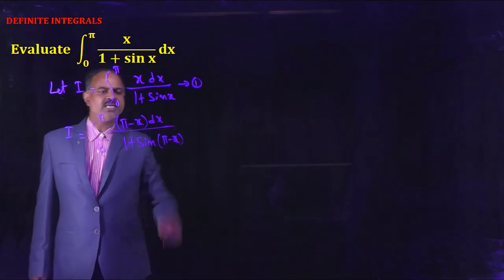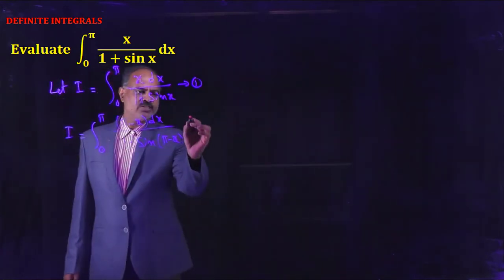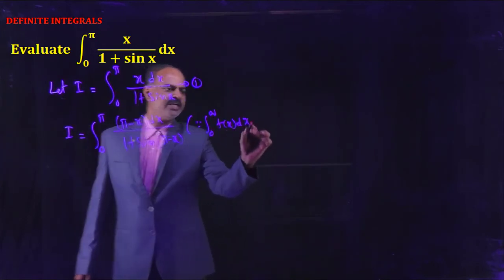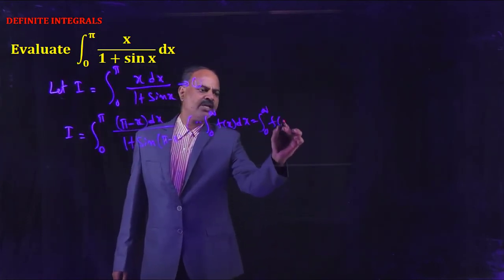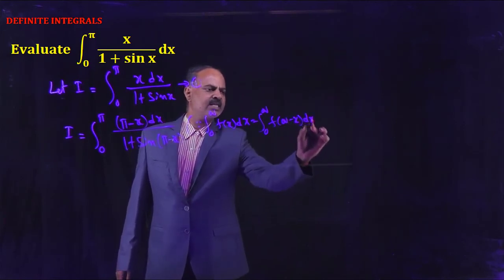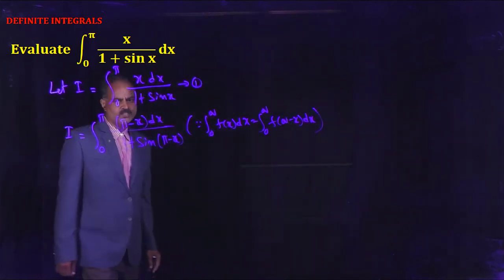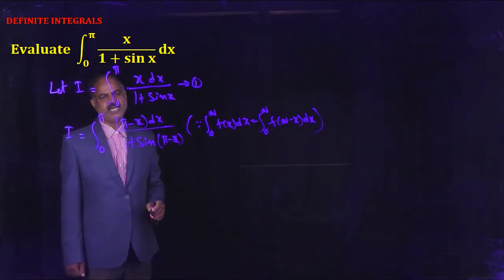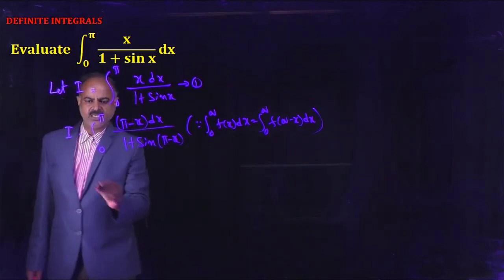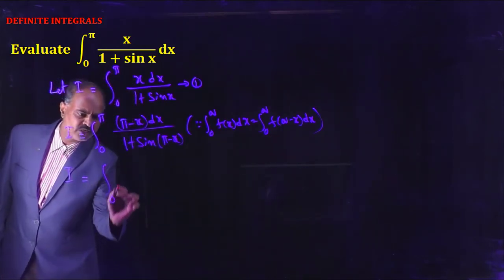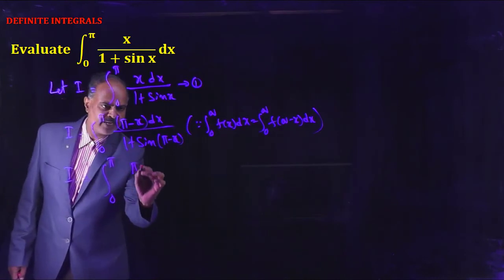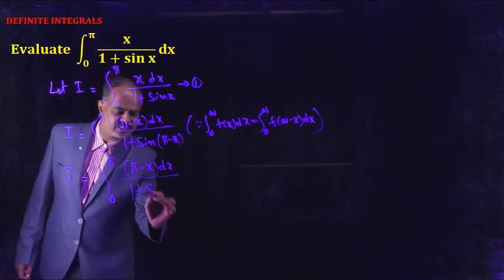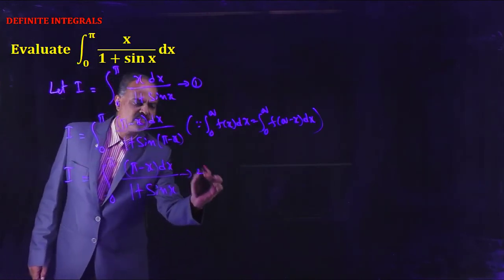Since integral 0 to a f of x dx equal to integral 0 to a f of a minus x dx, by applying this property, we get I equal to integral 0 to pi pi minus x dx by 1 plus sin of pi minus x, that is equals to sin x. This is equation number 2.